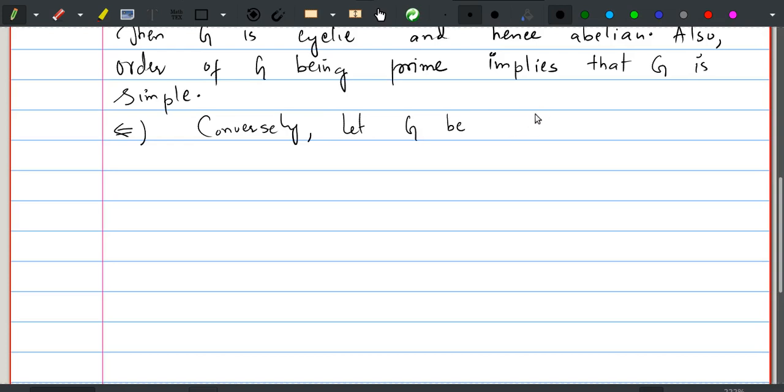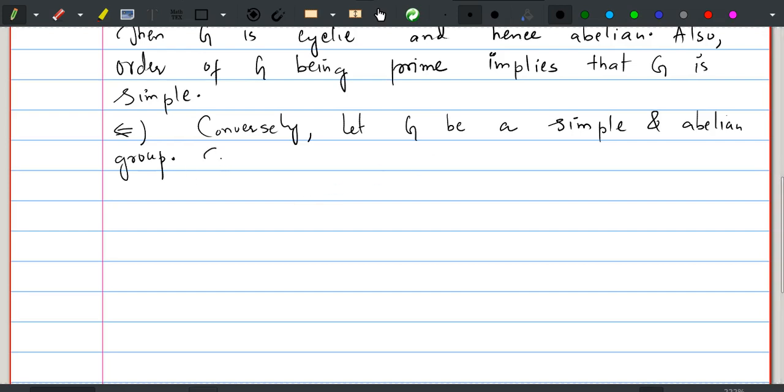We have to prove that this group G is of prime order.